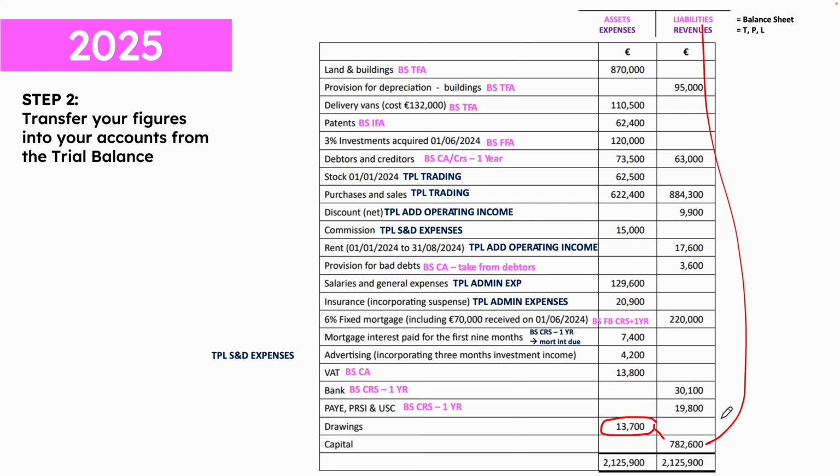So it just reduces capital, and you'll see it at the bottom of the financed by section in the balance sheet, and we will always take drawings away from the net profit figure. It's very important that that comes last.